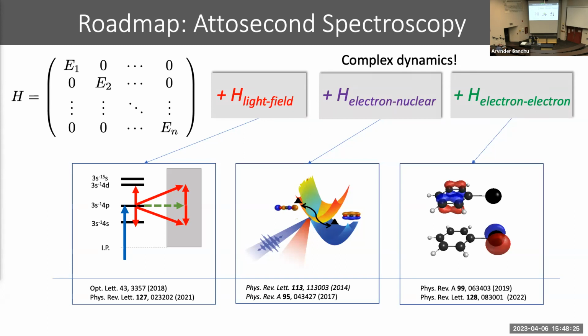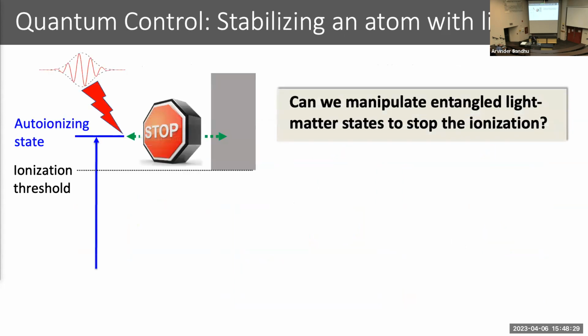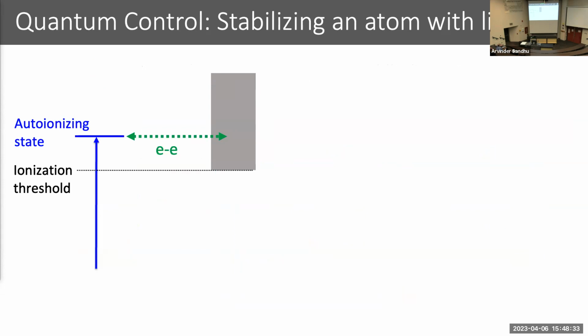So we will talk about this, but let me first pose the first question. Sorry, let me go back. So I will go back to this, but there is something called an autoionizing state. And it's created when you pump too much energy into your system, your atom or molecule, and this energy is more than what's needed to ionize the system.